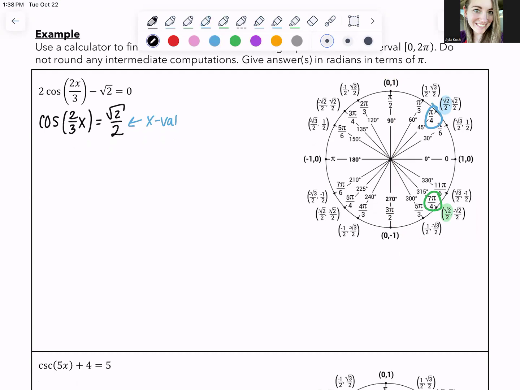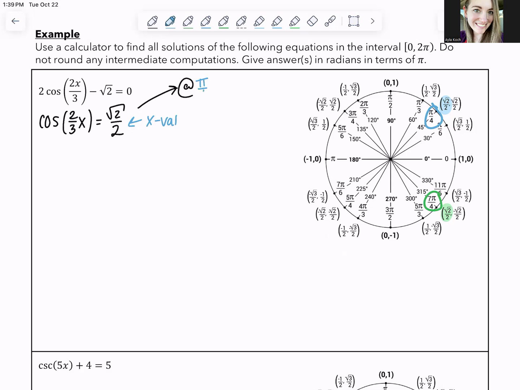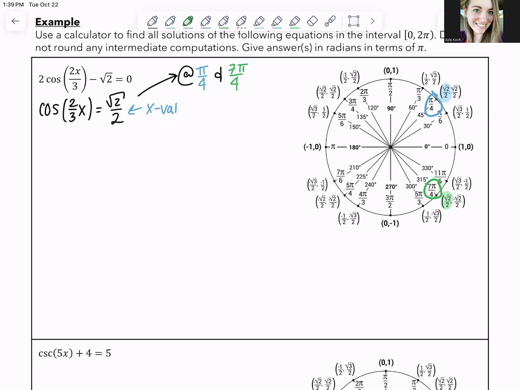So those are the times originally. Right? This happens at pi over 4 and 7 pi over 4. So we're going to split this into two equations.